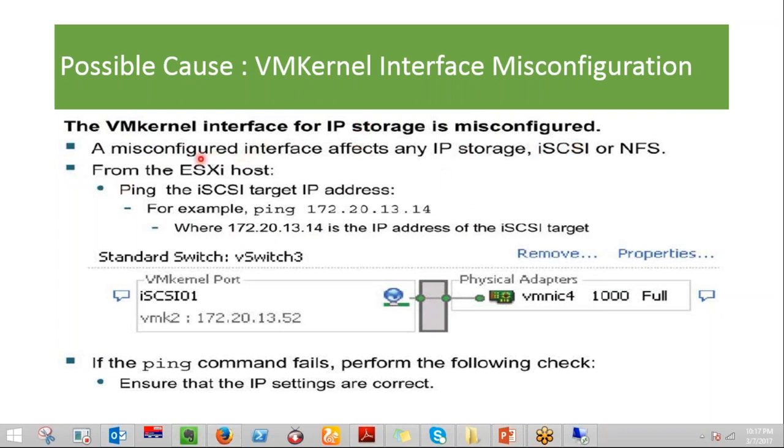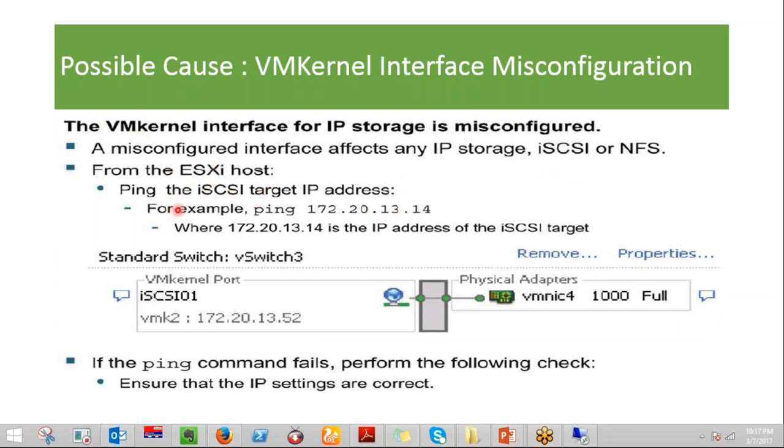A misconfigured interface affects any IP storage, iSCSI or NFS. If you gave a wrong IP address, or if the IP address you are using for storage is being used for another network device, that might interrupt your storage configuration, and your storage will be disconnected.